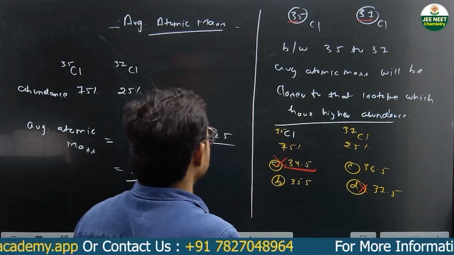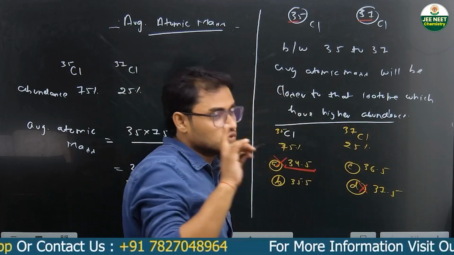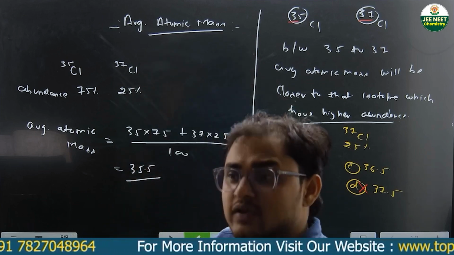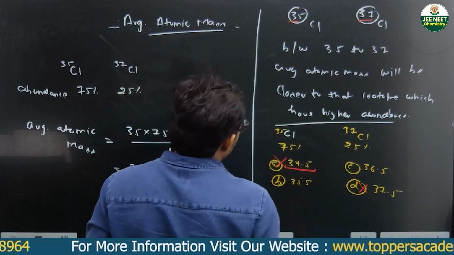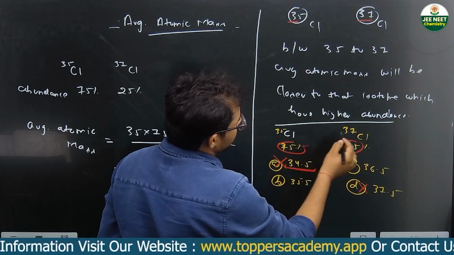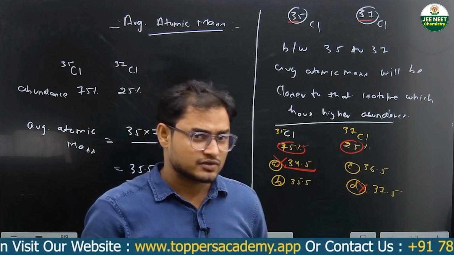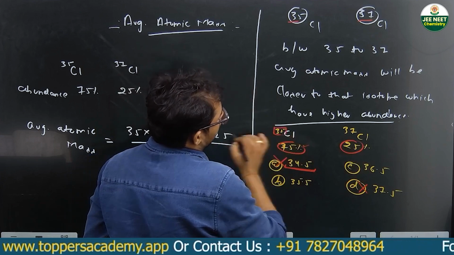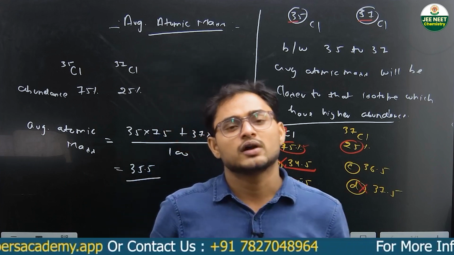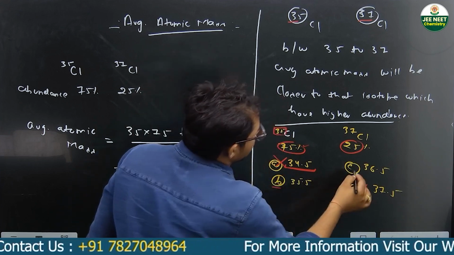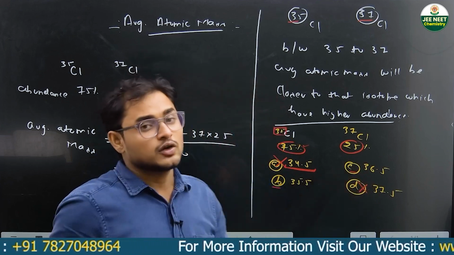Now my dear friends, the answer will be close to the atomic mass of the isotope which has higher abundance. It has 75% abundance, and the other has 25% abundance, that means this one has higher abundance, right? So the answer will be very close to 35. Now you check whether it is B or C, which one is very close to 35.